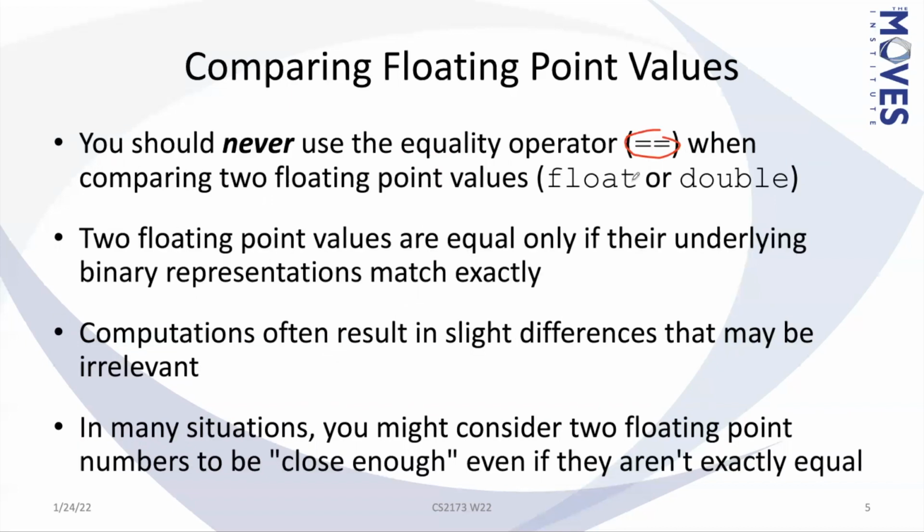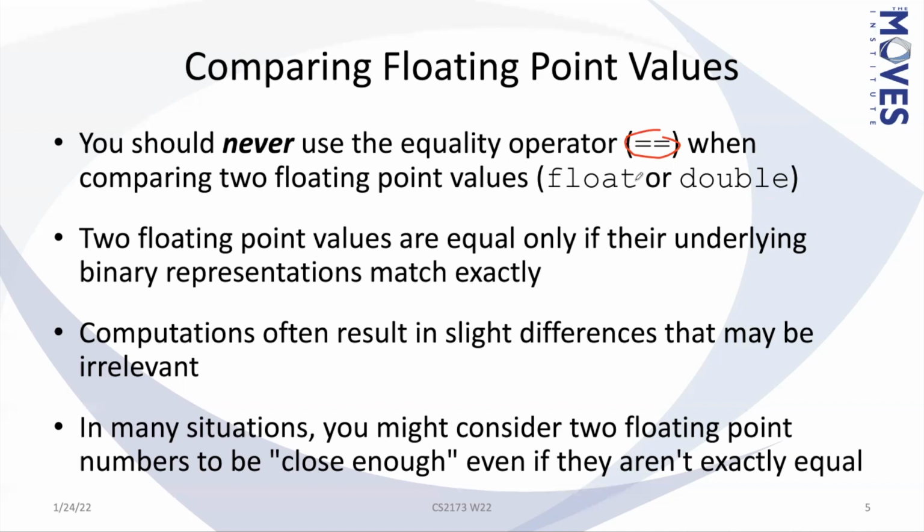Because the reason is the finite precision of digital representations. Under the hood, a floating point value is represented some way. Exactly how, there are big endians and little endians, all kinds of different ways. We don't have to be concerned about that.